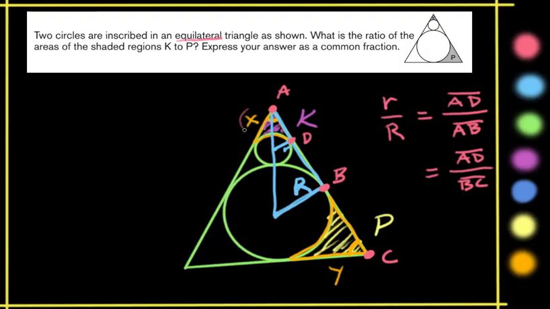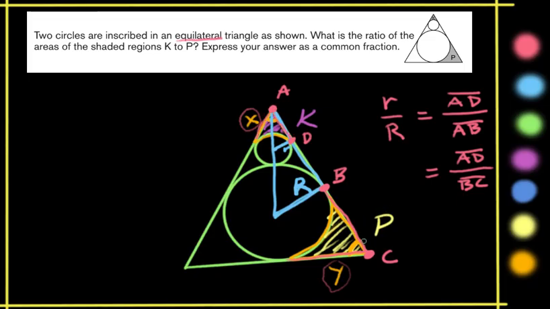This x here is equal to A to D, and the y here is equal to B to C, because that distance is the same as this one also, and this distance is the same as this one.